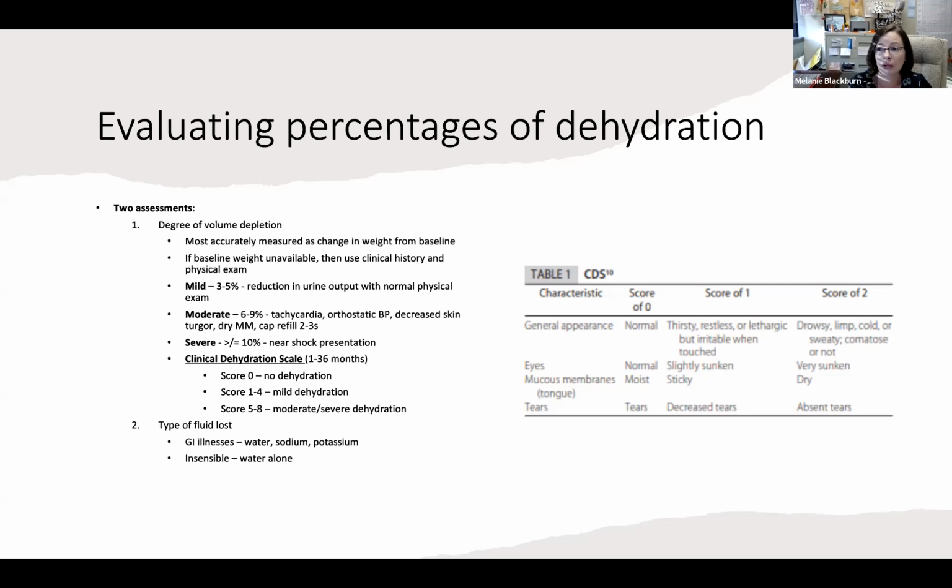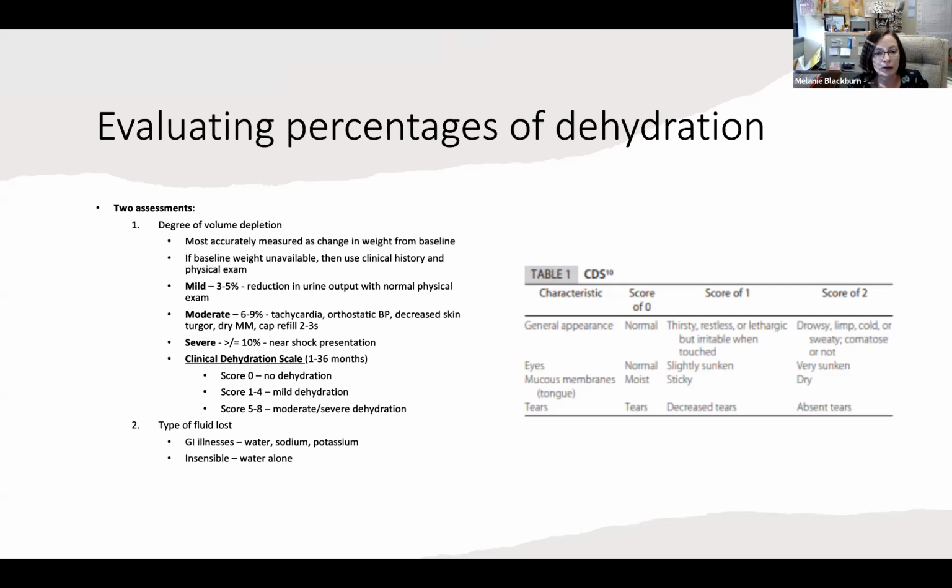But most of the time we do not have that available on patients, or their parents don't know what their normal weight is. And so we're having to use different physical exam features and clinical signs to really determine what percentage of dehydration they might be. And so when we talk about patients that are dehydrated, we can use things that we just mentioned.